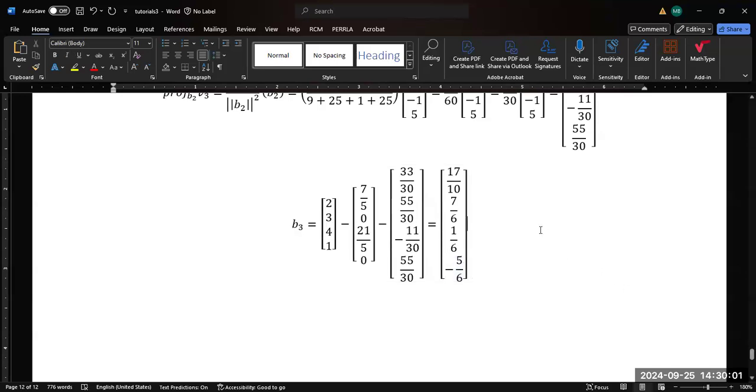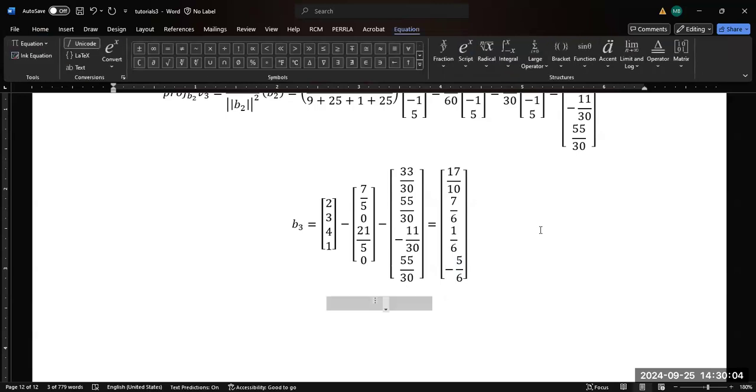And again, I can rescale this so that I can get a vector that has just relatively small integers in it, because those are the easiest to work with.